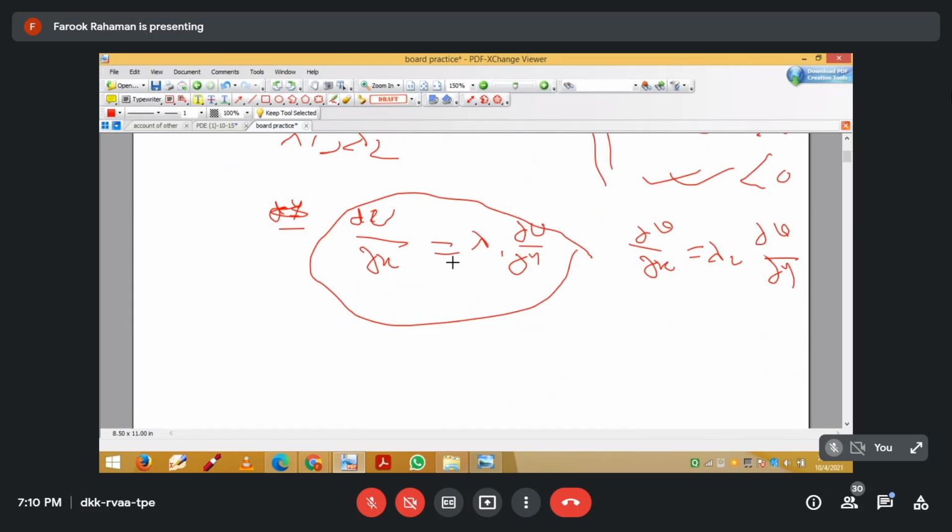We have two differential equations, or this can be written in a very simple form, dy dx equal to lambda.